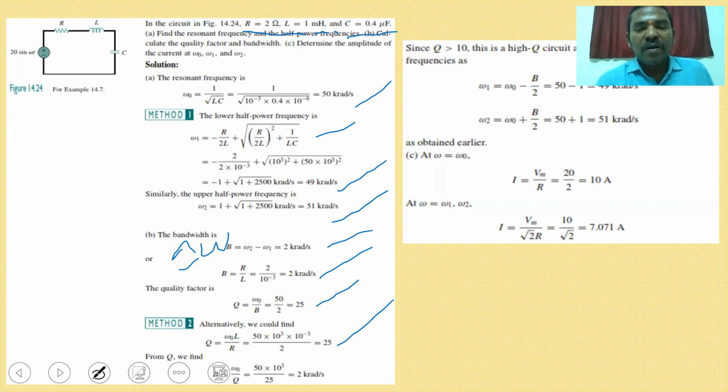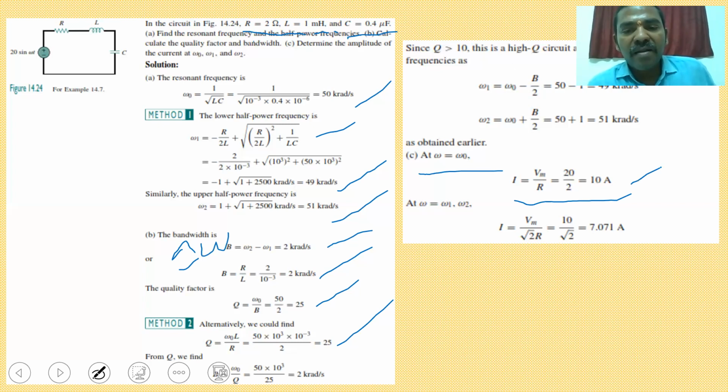So at omega equal to omega naught condition, under resonating condition, I is equal to Vm by R. So what is the voltage they are given for this circuit? 20 sin omega t. So that means Vm sin omega t, Vm is equal to 20. So from that 20 divided by 2, you can get 10 amperes.